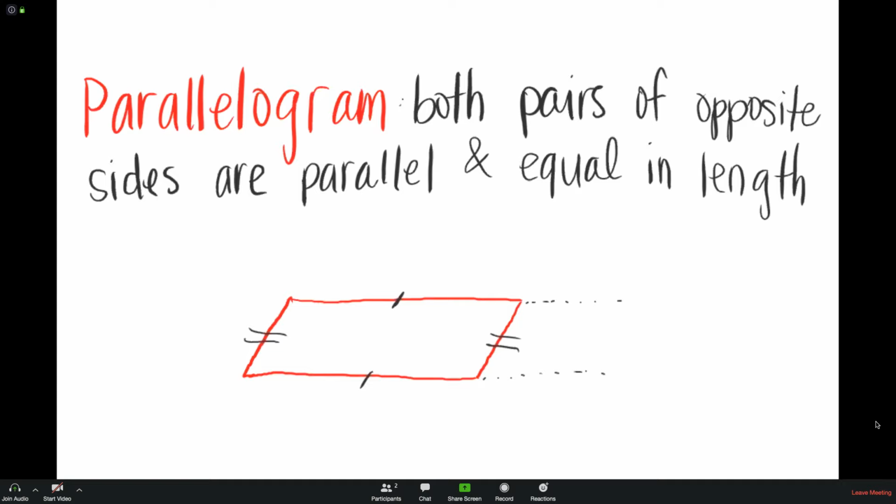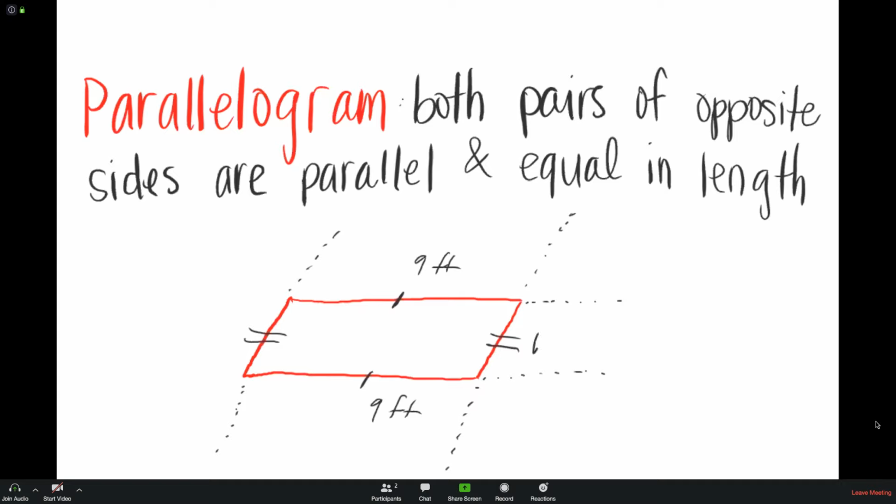So let's say this was 9 feet. The bottom also has to be 9 feet. That means they're equal in length. Same thing for the other opposite pair. So left and right pair, these, if we extend them out, are never going to touch with these. So these sides are parallel and they're also equal in length.